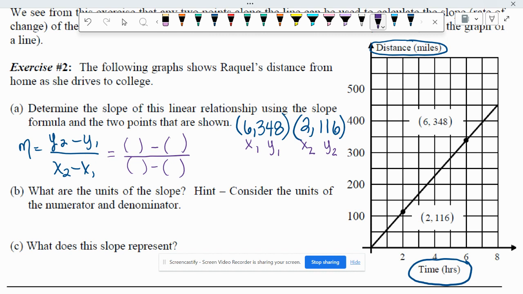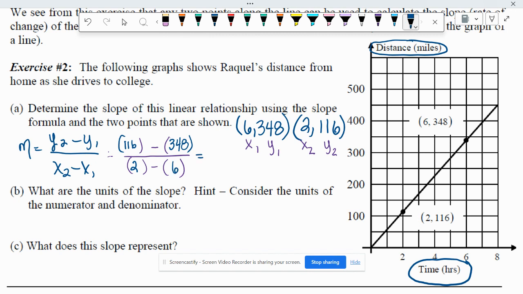So y2 is 116, and y1 is 348. X2 is 2, and X1 is 6.